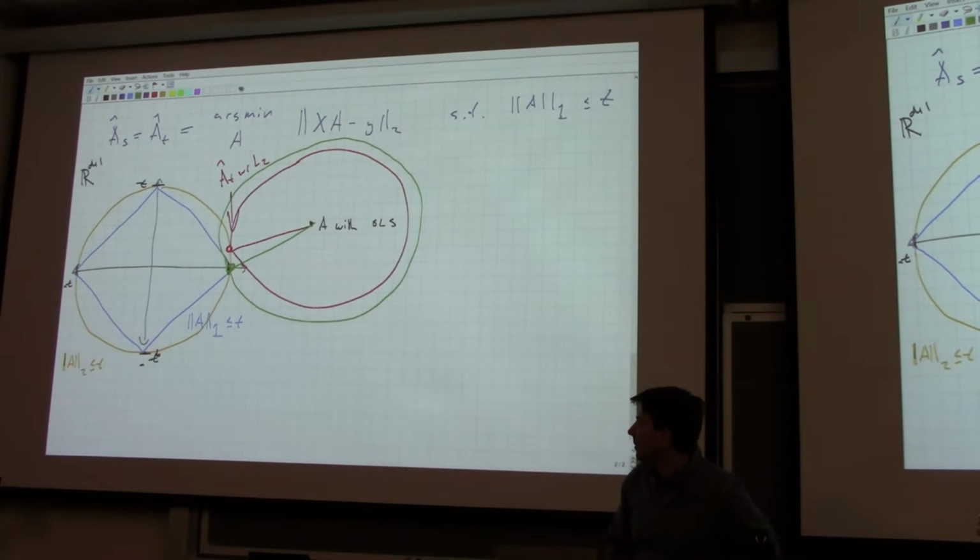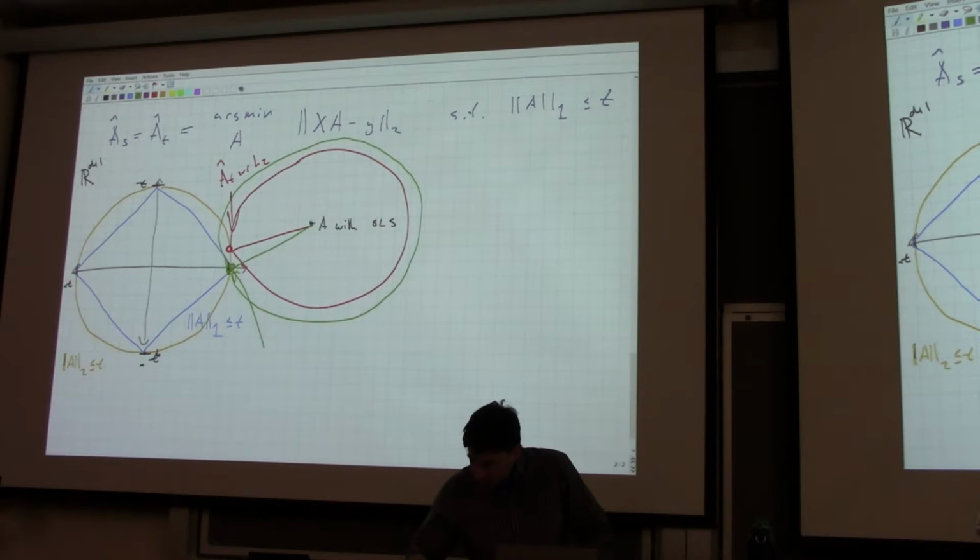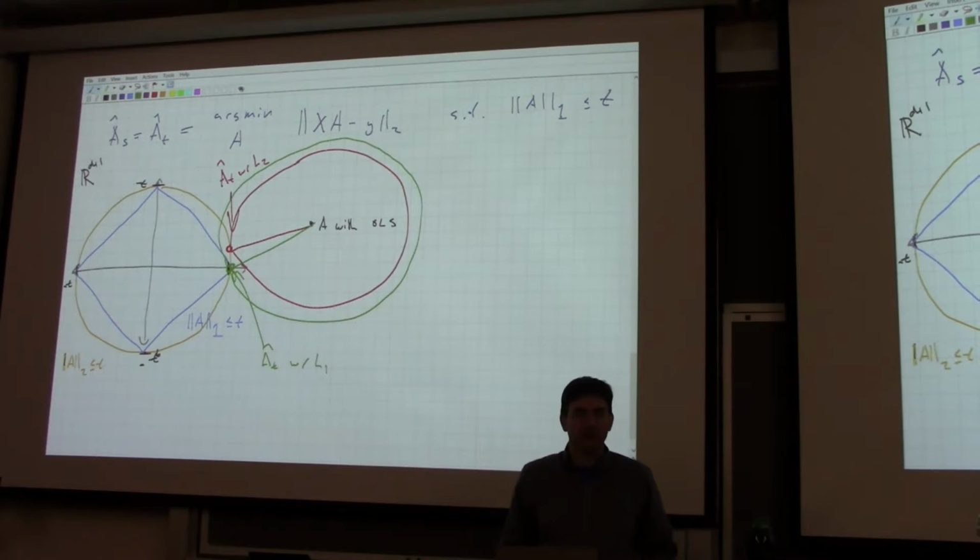And what's special about the solution here? What is the y-coordinate of that solution? The y-coordinate is 0. Yeah. The corners tend to be in places where the coordinates are 0.